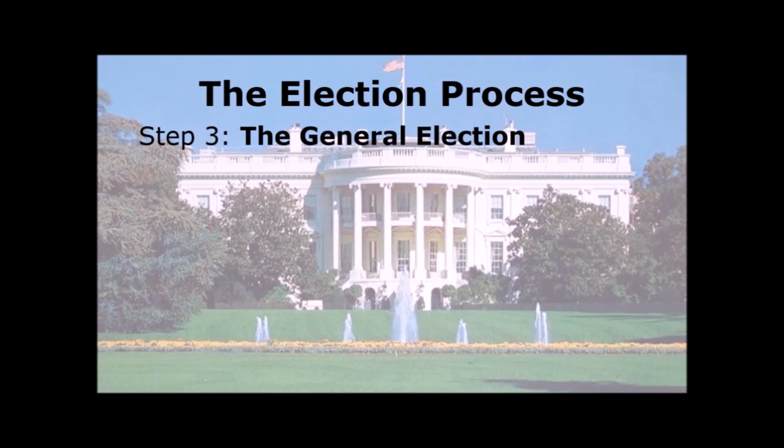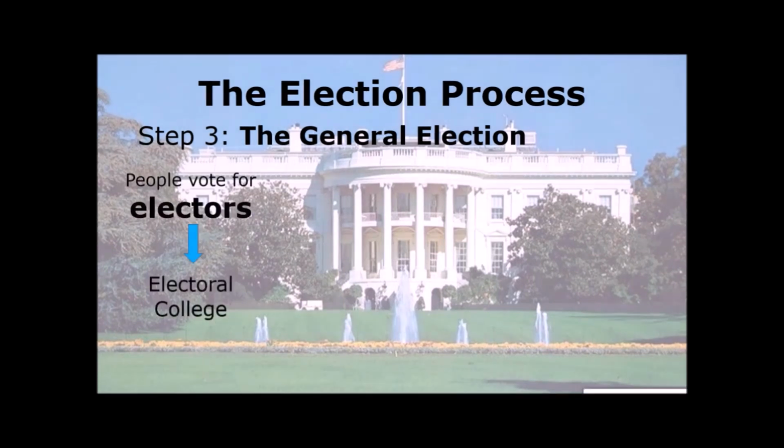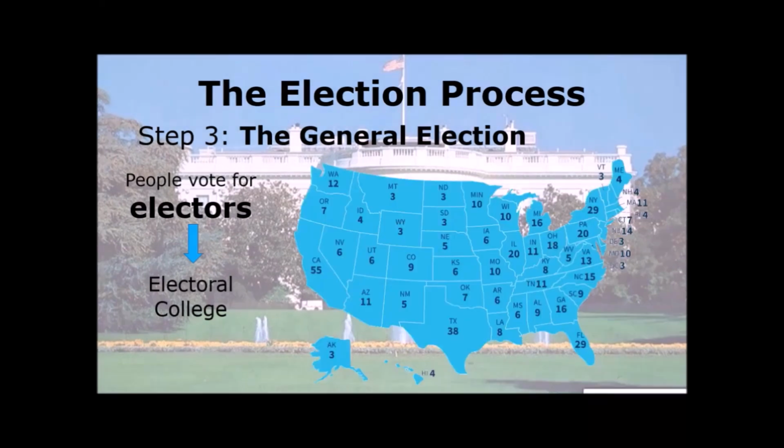In the United States of America, the president is not elected directly by the population. There, voters actually choose electors who will be members of the Electoral College. Each state gets a certain number of electors based on the number of representatives in Congress.